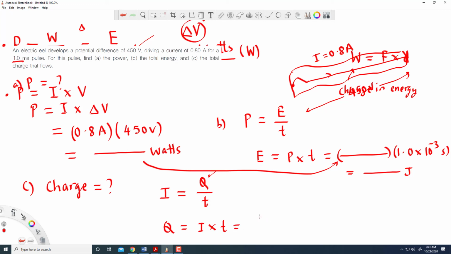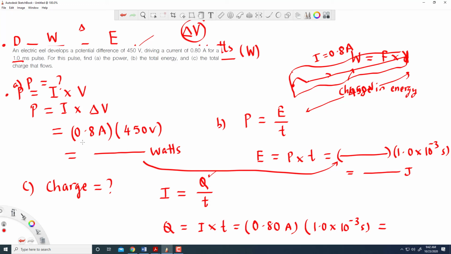I is the current, 0.8 amperes, but the time is 1 millisecond. So current times time gives you the total charge. Okay.